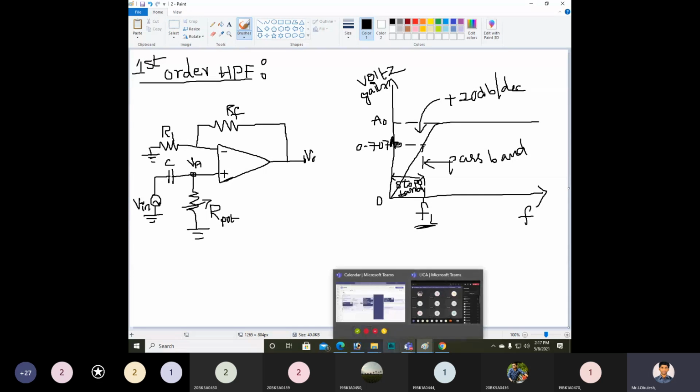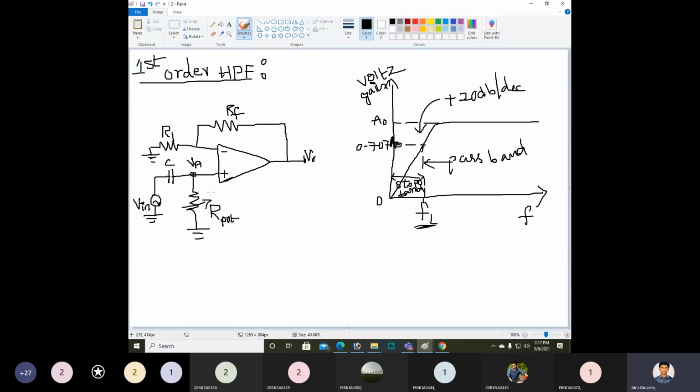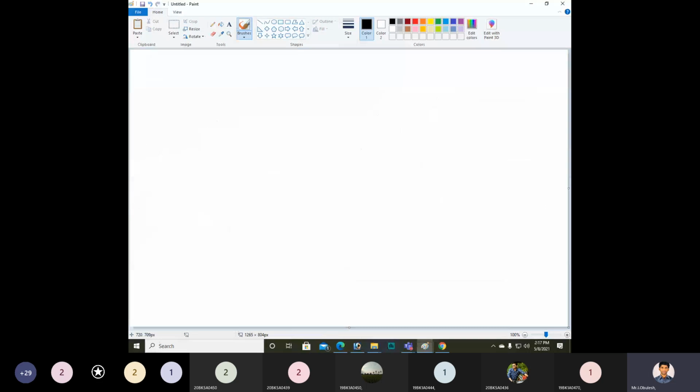Okay, you need to see the diagram. First, I will remind you: if it is a non-inverting configuration, what is the voltage gain value?